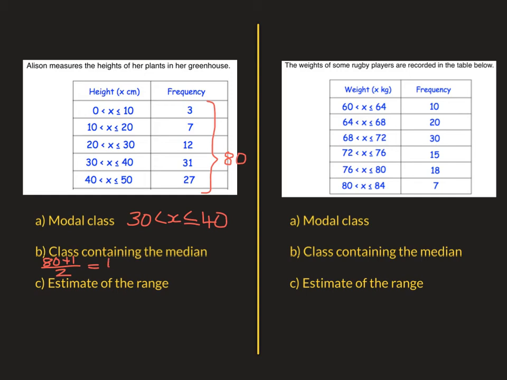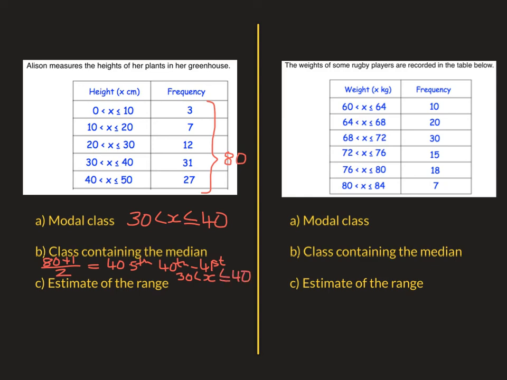I'm looking for the 40.5th value, so I need to find out where the 40th and the 41st terms are. And I can see without too much hassle, the first 10 are in the first two, the first 22 are in the first three, and then the 40th and the 41st are going to be in the same class as the modal class, 30 to 40.